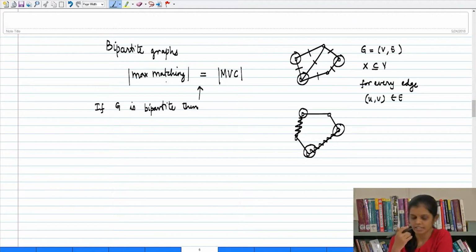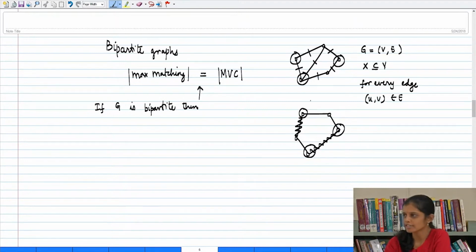So if G is bipartite, then maximum matching is equal to minimum vertex cover. Let us ask, is this sufficient also? That is, if the graph has the property that maximum matching is equal to minimum vertex cover, then the graph is bipartite. This is not the purpose of our lecture here, but just a small fun question that I would like to ask. Can you think of non-bipartite graphs which will also satisfy this property?